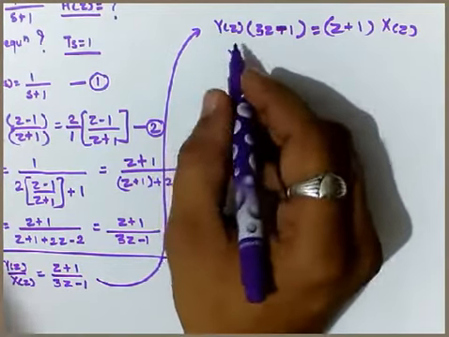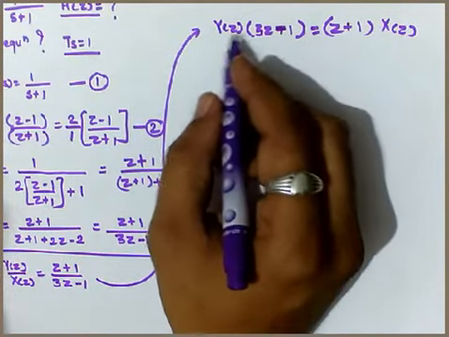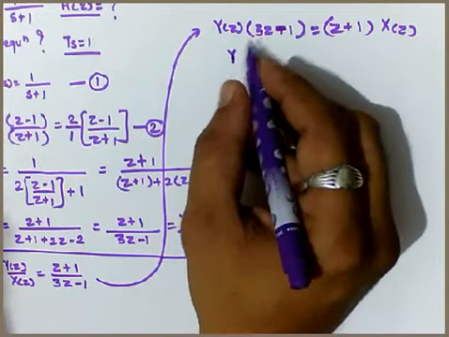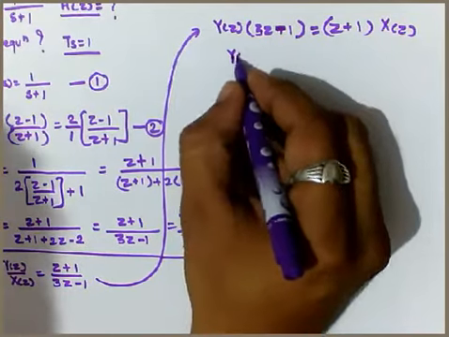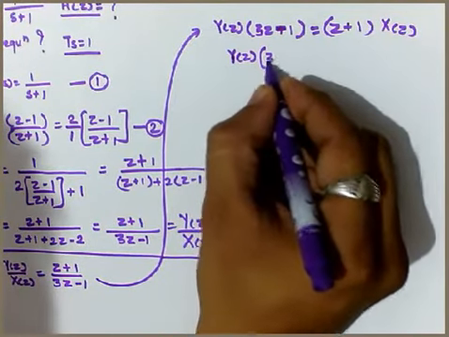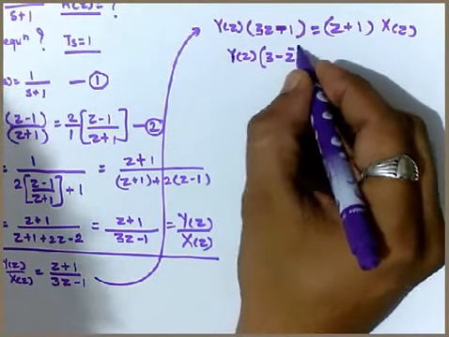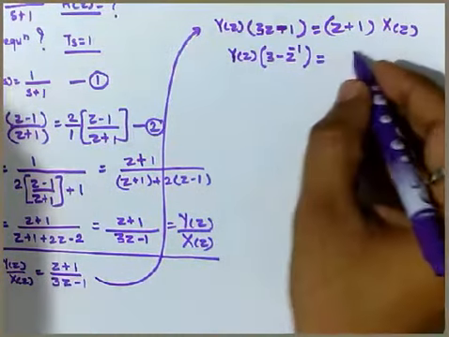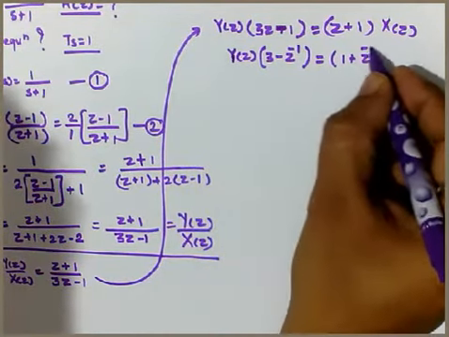Now by taking the inverse z transform on both sides, 3y of z will be converted into y of n, so it will become 3y of n minus z inverse y of z. So this is nothing but the property. Let me write it here. So x of n minus k, time shifting, will be z raised to minus k x of z.